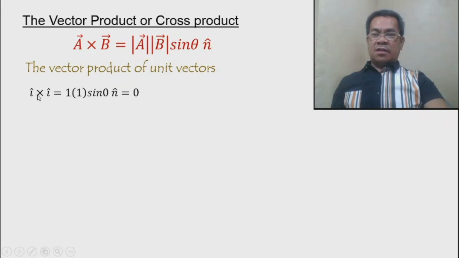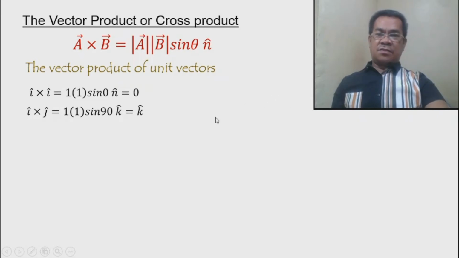Because the two unit vectors have the same direction. The sine of 0, remember, is 0, unlike cosine, where the cosine of 0 is 1. So it follows that J cross J is also 0, and K cross K is equal to 0.